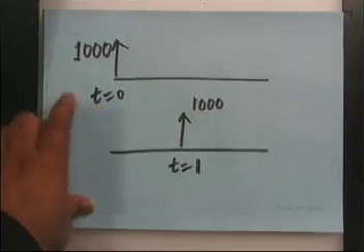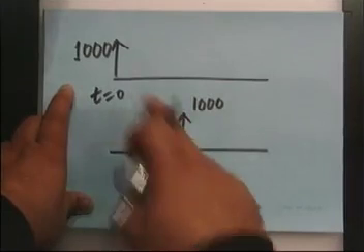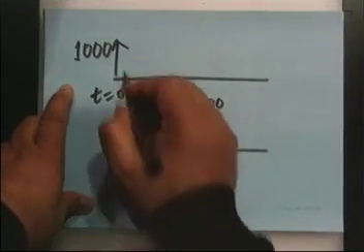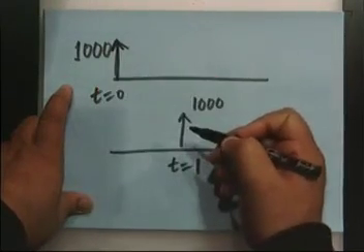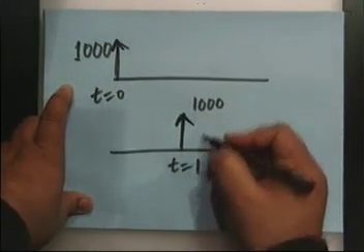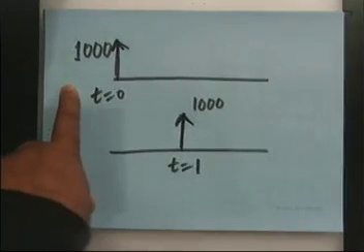So, you can realize that it is not possible to add them simply algebraically, because this 1000 rupees at time t is equal to 0 is not the same as this rupees 1000 which I am receiving at time t is equal to 1 year.